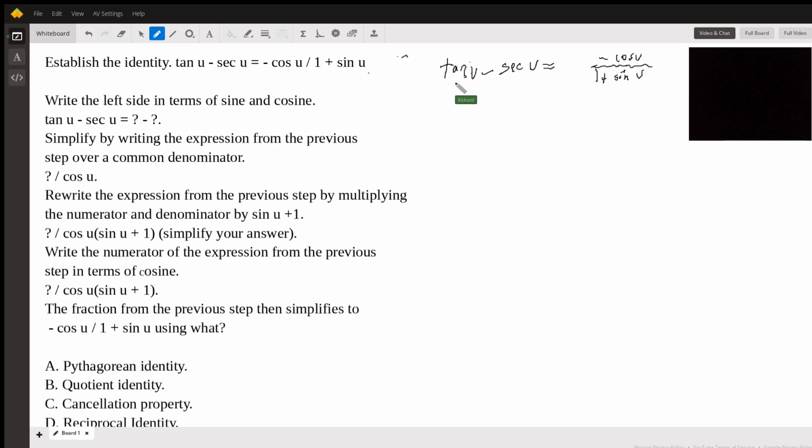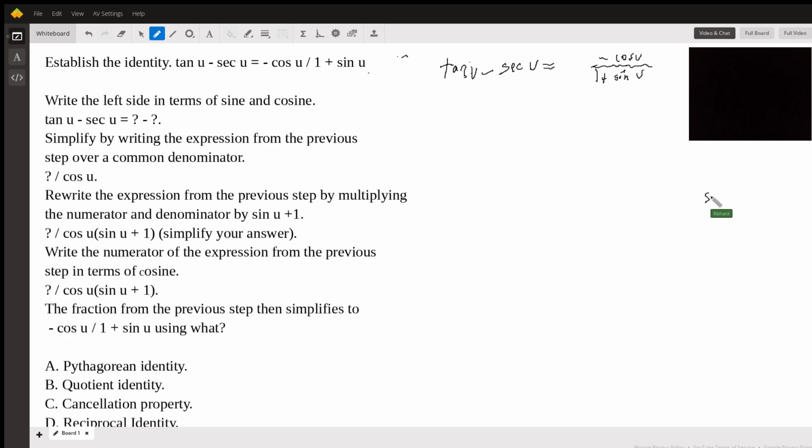And they're telling us to replace the tangent and the secant with sine and cosine. So we're using some very simple identities, which I will point out to you as we proceed. Let me put them in red over here.